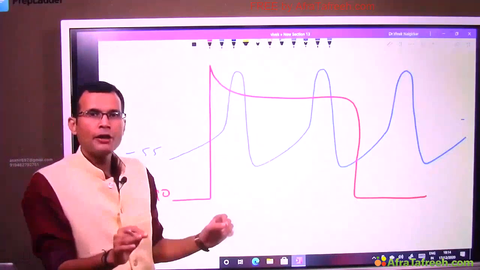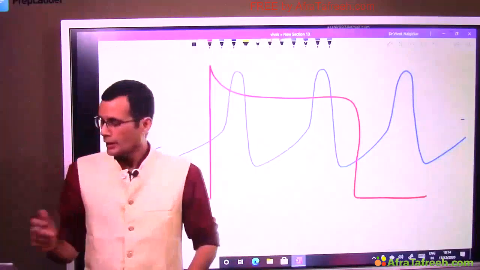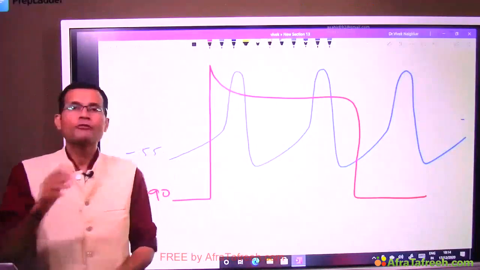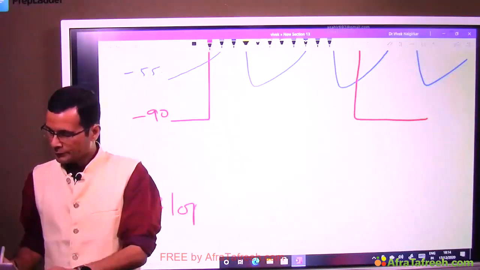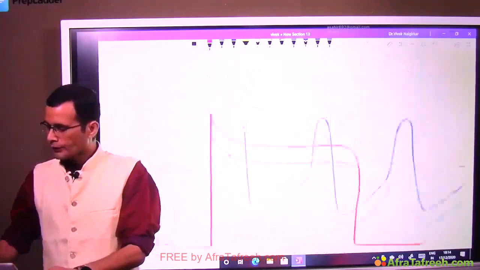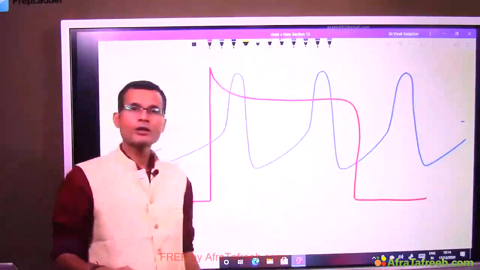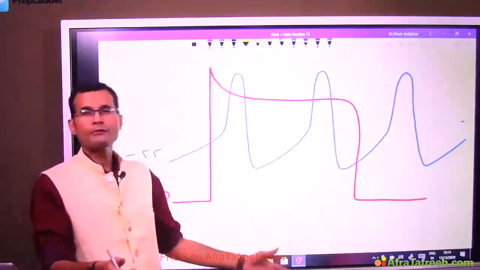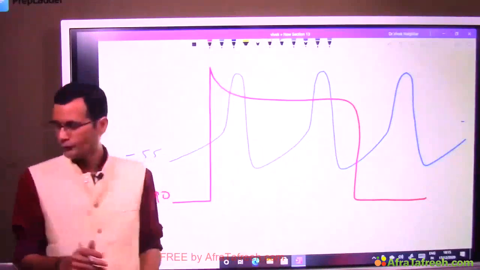And the second point in this diagram which you must note is the slope of phase 4, a very crucial point in this particular diagram. The slope of phase 4. You must understand this because it will come in pharmacology when some drugs act on phase 4, and in medicine when arrhythmias are discussed.